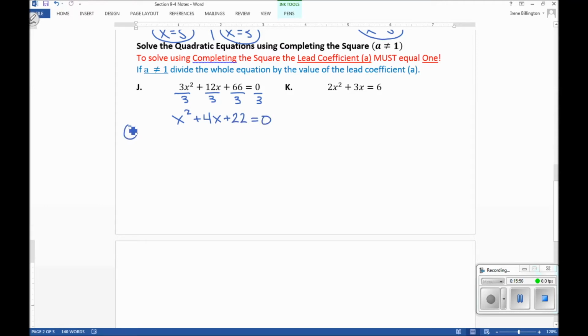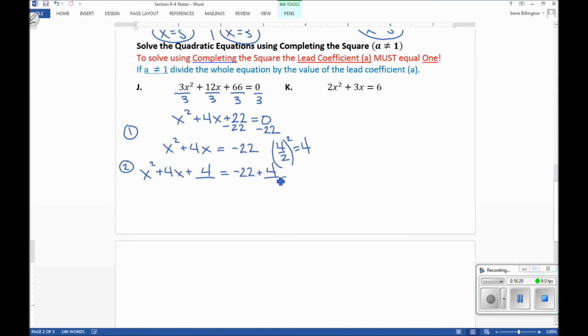Step 1, isolate the constant. So we'll subtract the 22 from each side. X squared plus 4x equals negative 22. Find b, which is 4, divided by 2, which is 2, squared, which is 4. So step 2, we're going to take x squared plus 4x, and we're going to add b divided by 2 squared to both sides.